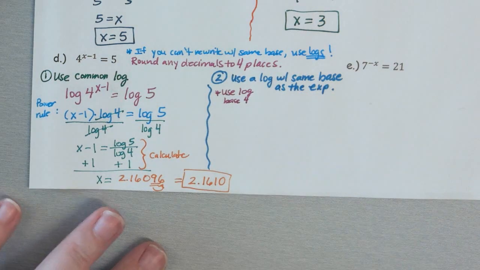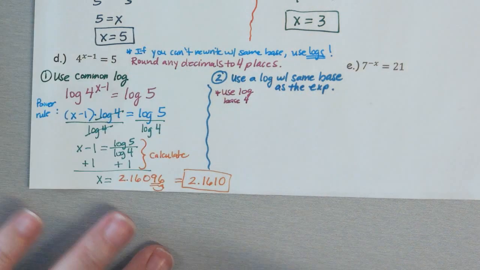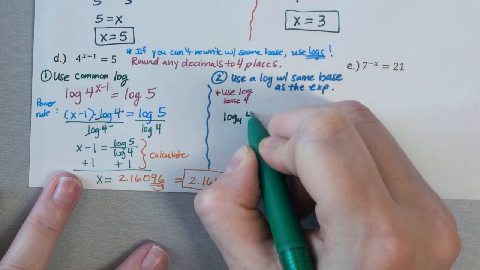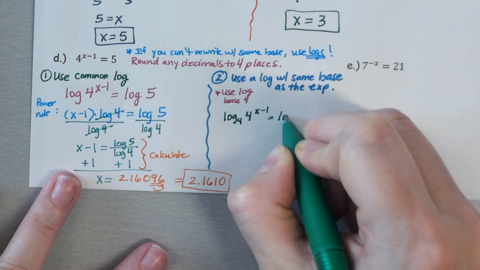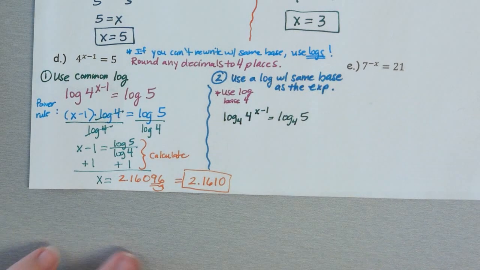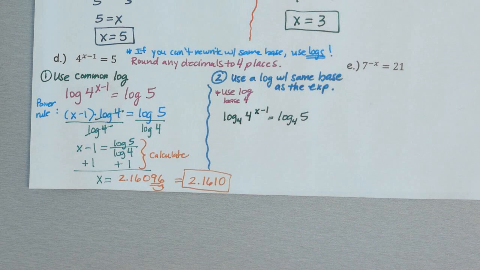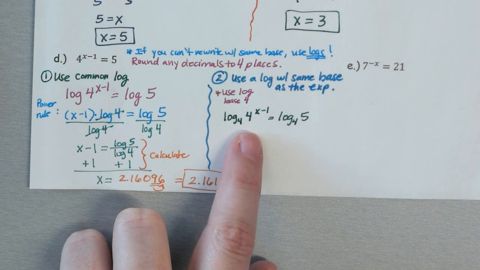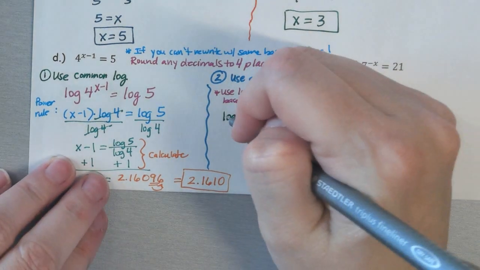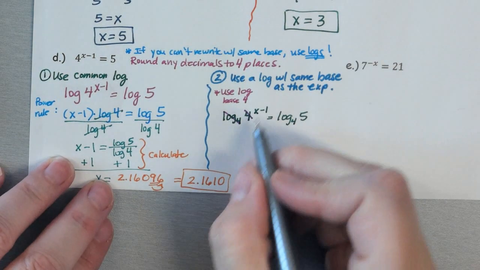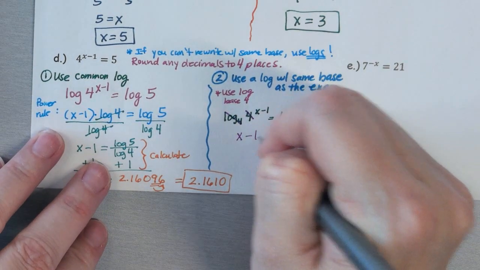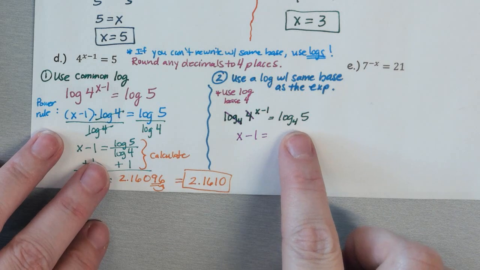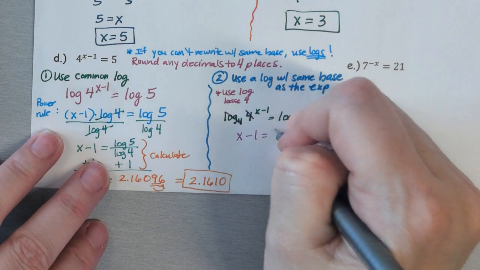So if we do that, again, you need to write this out. You would write log base 4 of 4 to the x minus 1, and then log base 4 of 5. Now why is that helpful? What's going to happen over here? Yeah, they cancel. Remember we did a bunch of the canceling yesterday? Then you'd be left with the exponent, which is x minus 1, and then log base 4 of 5. Can't I just use the change of base formula on that?